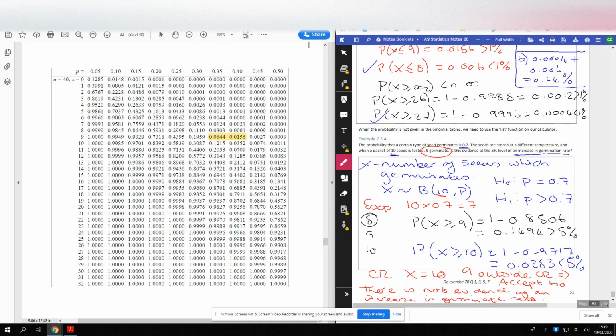So there is not enough evidence of an increase in germination rate. Sometimes a question will give a person's name, I don't know, Bob. So Bob feels that there is an increase. Is Bob correct? Make sure you're answering that question. So there is not enough evidence to suggest that Bob is correct, if that's what the question was about. So do go back and read the question when you write that conclusion.